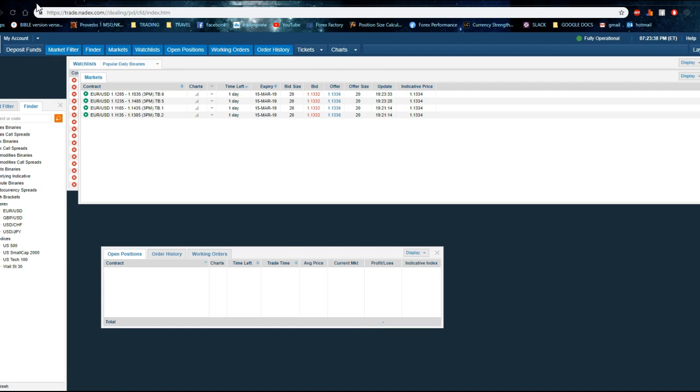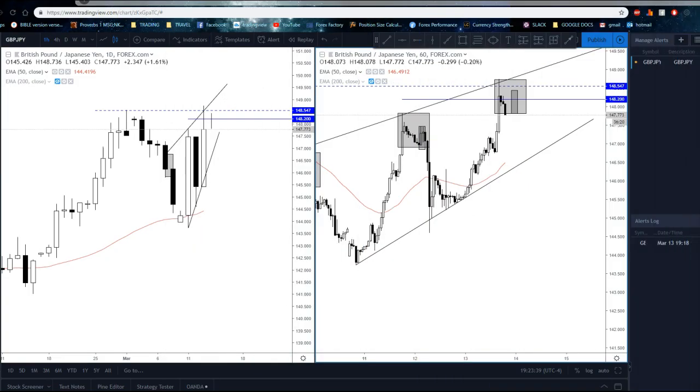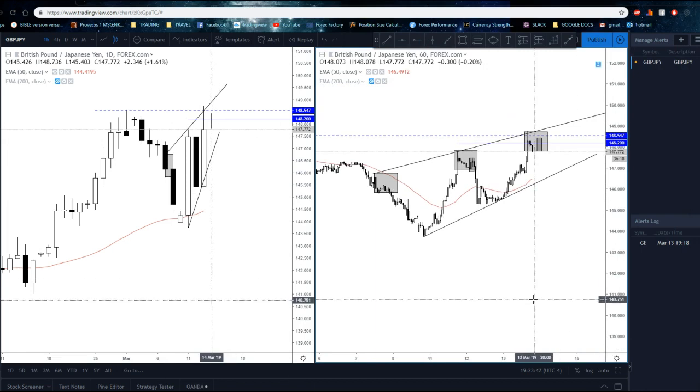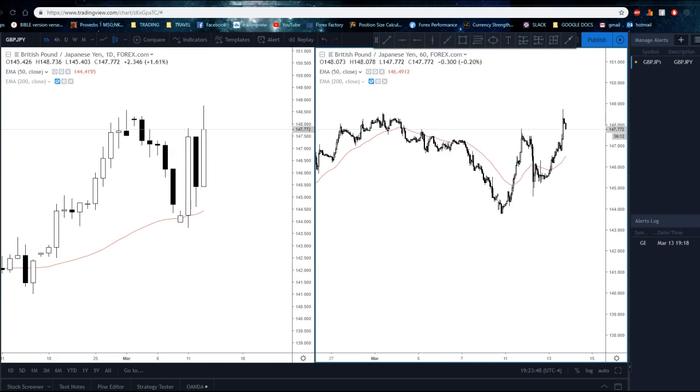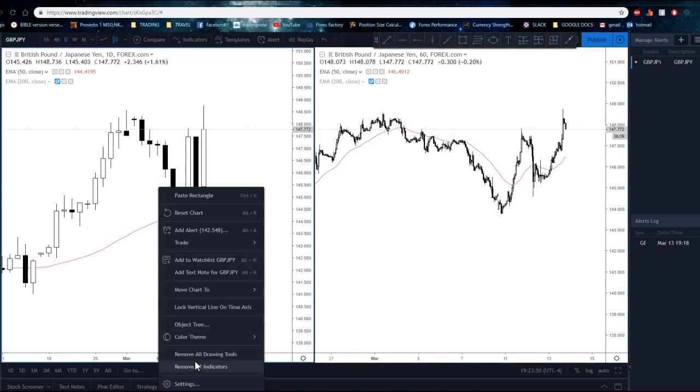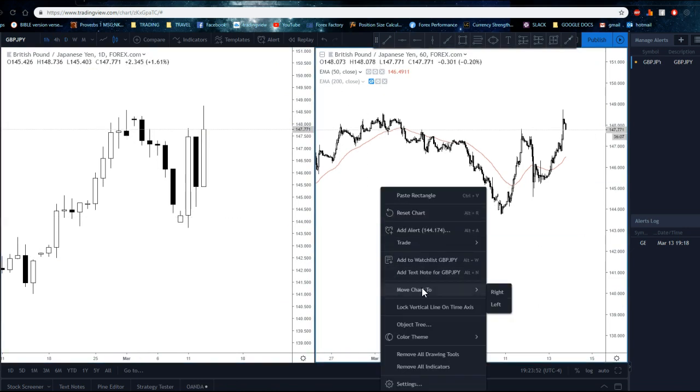And the reason why I got in that was simply because, let me just clear everything off, clear all my drawings and all my indicators. I don't really use the indicators too much.